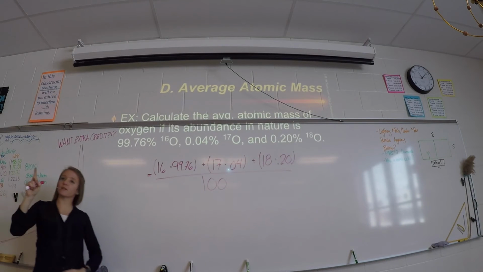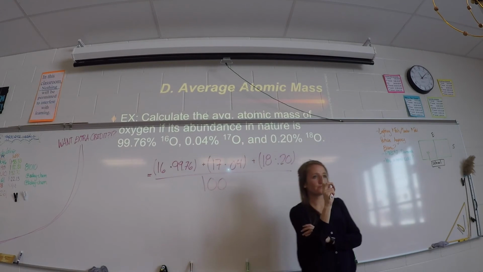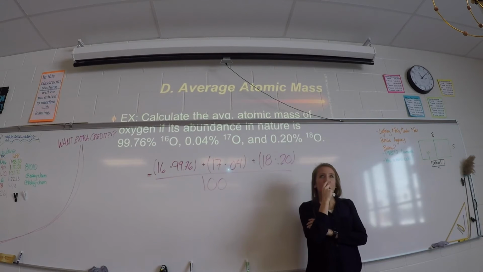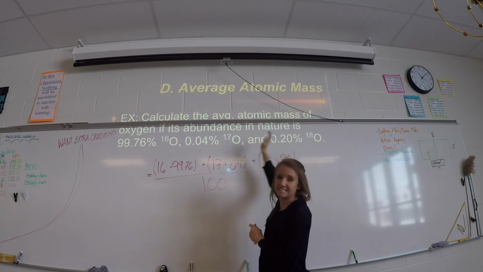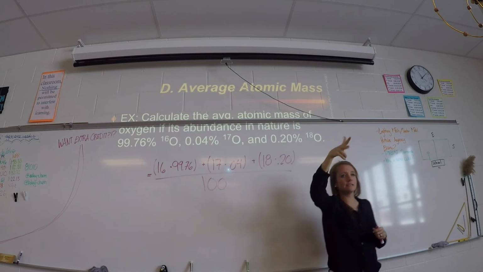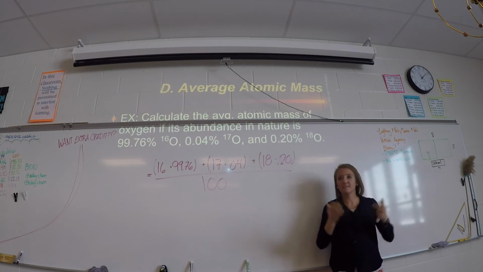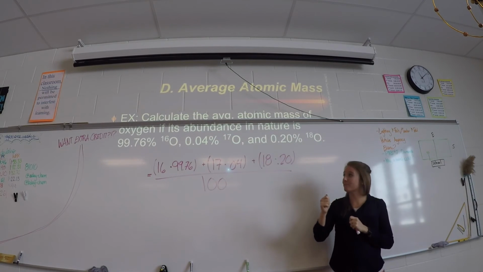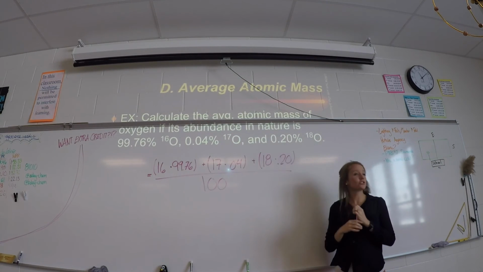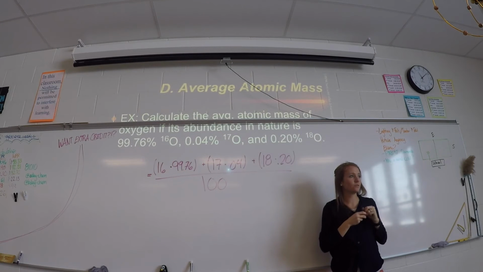Okay, ready? Tell me this really quick, before you even plug anything in. If I were to take a true average of 16, 17, and 18, what do I get? 17. 17, because it's right in the middle. But now that we're taking a weighted average, which one of these numbers should our answer be closest to? 16.